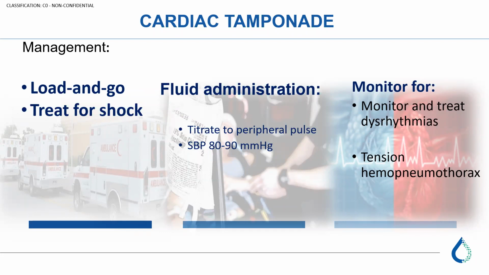So treat for shock, administer fluid, and titrate to peripheral pulse, same again, for any uncontrollable bleeding. Then I will monitor and treat dysrhythmias, and monitor and treat tension hemopneumothorax.